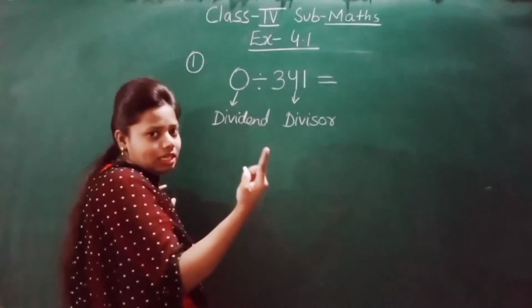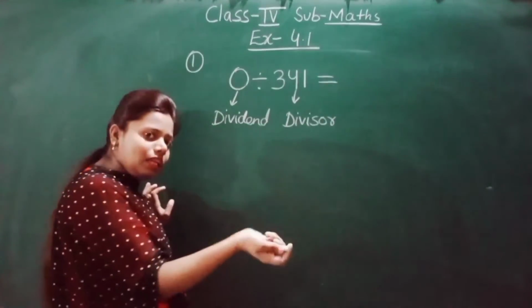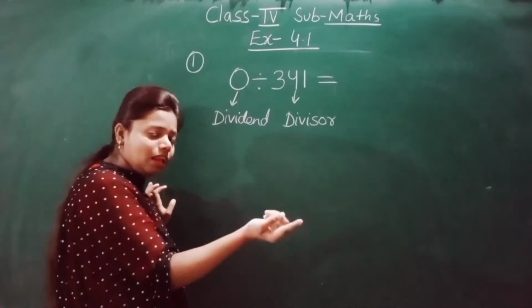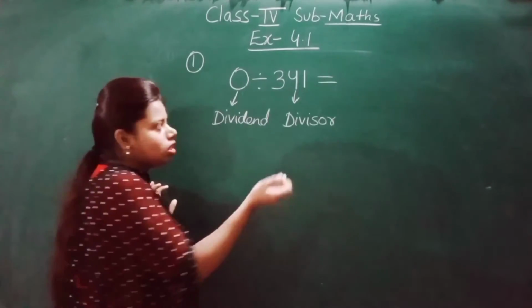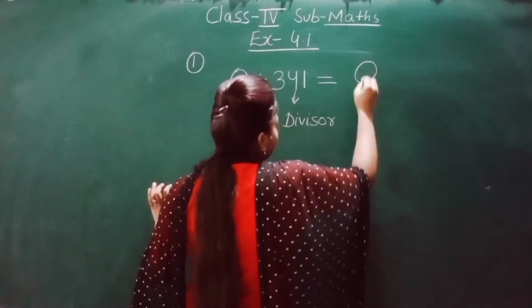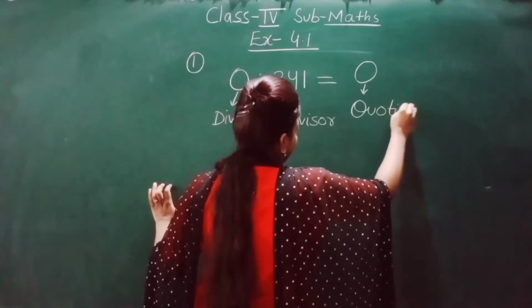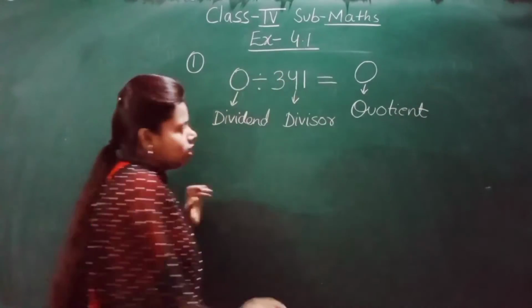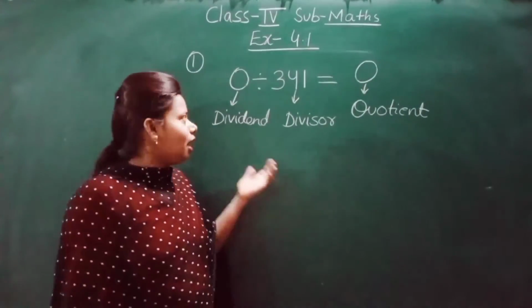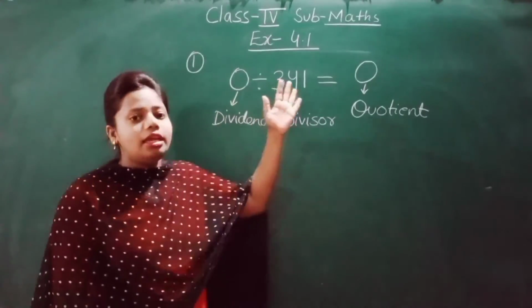So property number 1 is that 0 divided by any number gives quotient 0. Let me tell you once again, 0 divided by any number.